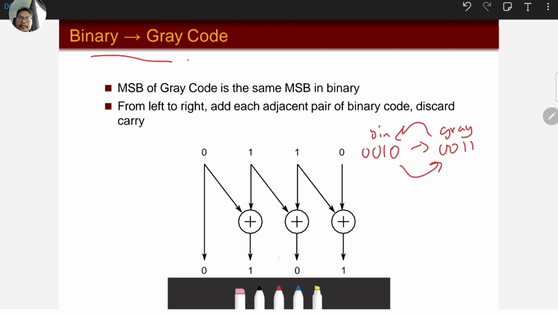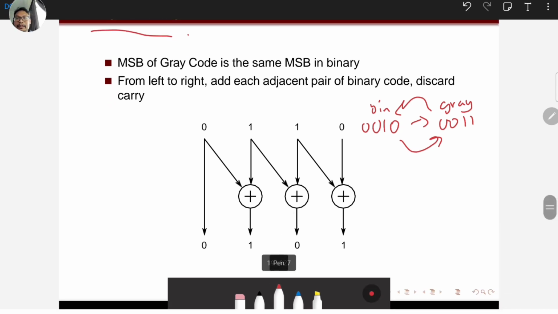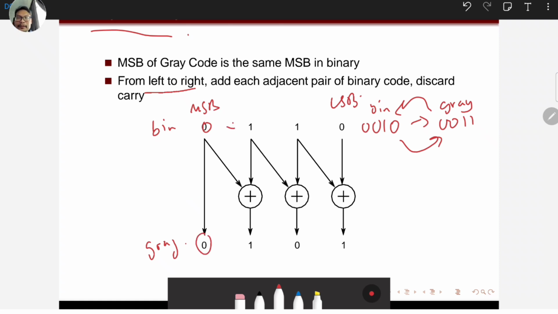So the formula is, if you have a binary, here this is your gray code. What you do from left to right, from MSB, so this is your MSB and this is your LSB, is add each adjacent pair of binary code and discard the carry. So here we take 0 from binary, transfer 0, and we plus this one together.